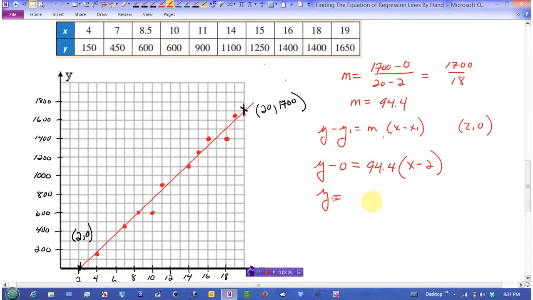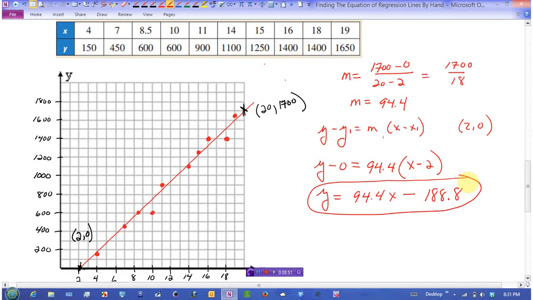Y is equal to 94.4x minus 188.8. So that's my regression line, and that would be called approximating the line for that set of data.